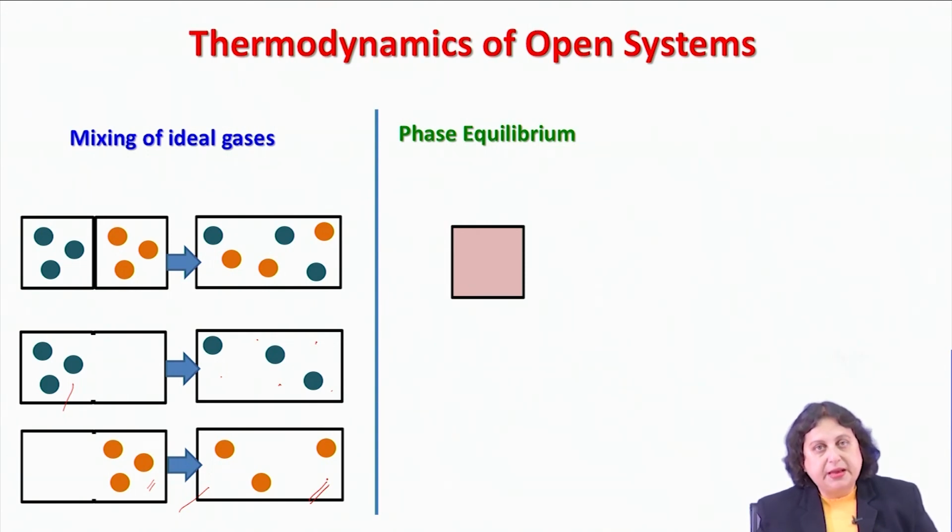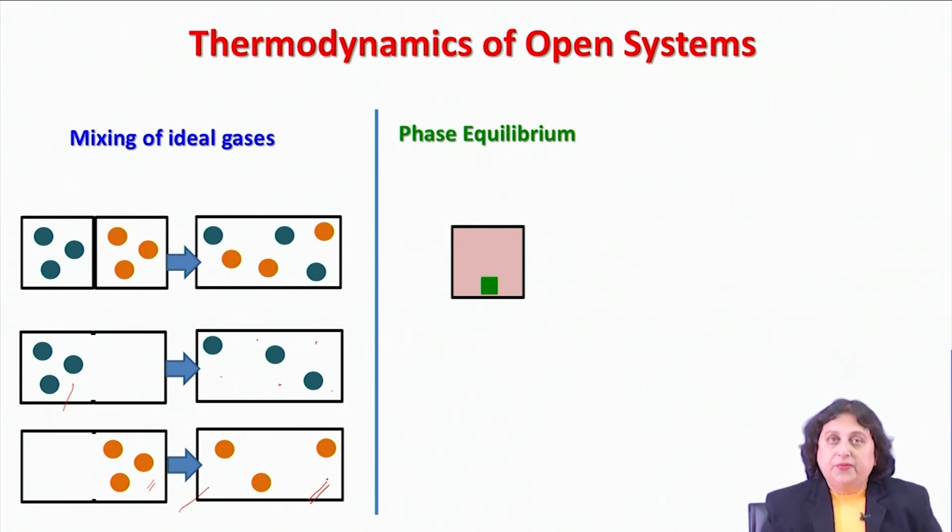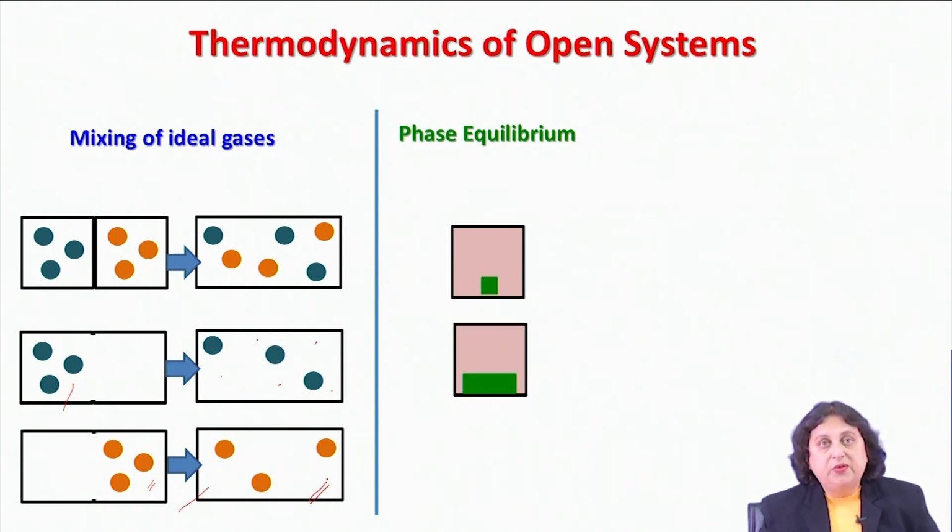Therefore, when we prepare this pure substance at a given temperature and pressure, you will see that spontaneously, in addition to the existing phase, another phase will appear in your system. Now, what will happen? If you continue under identical condition, then this new phase will start growing in size.